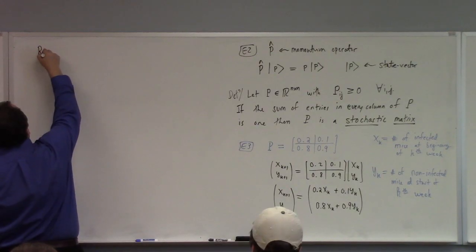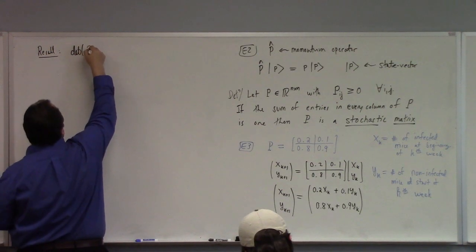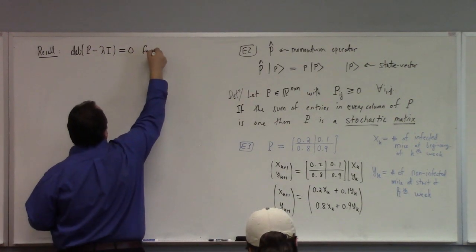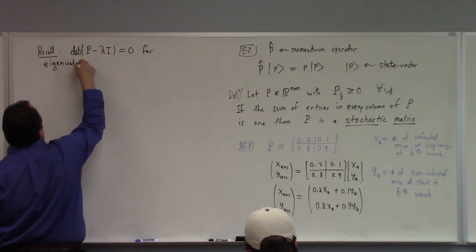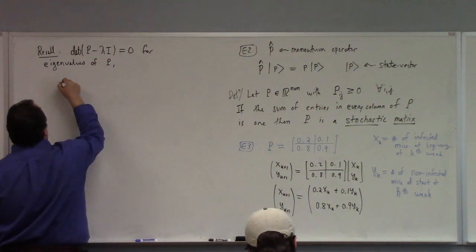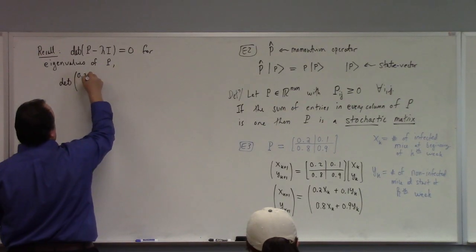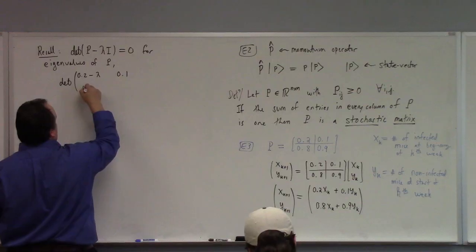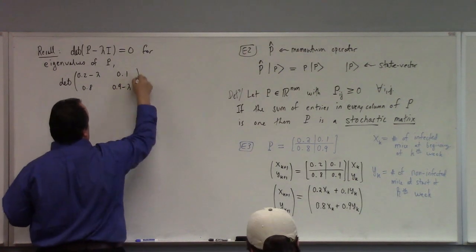All right, let's see if we can find the eigenvectors and eigenvalues for this particular matrix. Recall, we need the determinant of P minus lambda I equals 0 for eigenvalues of P. That's the determinant of the matrix 0.2 minus lambda, 0.1, 0.8, 0.9 minus lambda, equals 0.